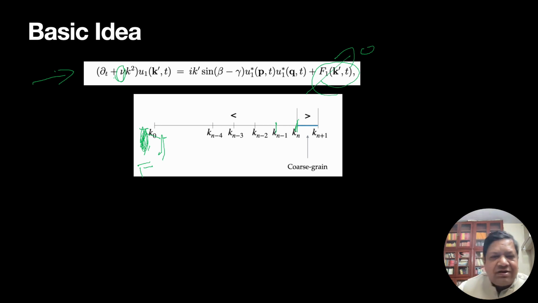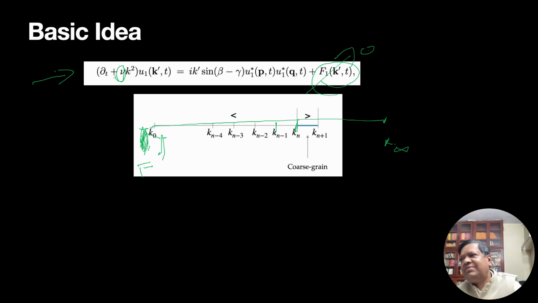My largest wave number is somewhere here, call it K infinity. For water, the fluid structures exist up to millimeter scale, like in a coffee cup. So K infinity is here, but I would say I have already started looking at scales much bigger than K infinity. I am somewhere here, in the inertial range. Here in the inertial range, my viscosity has already changed.